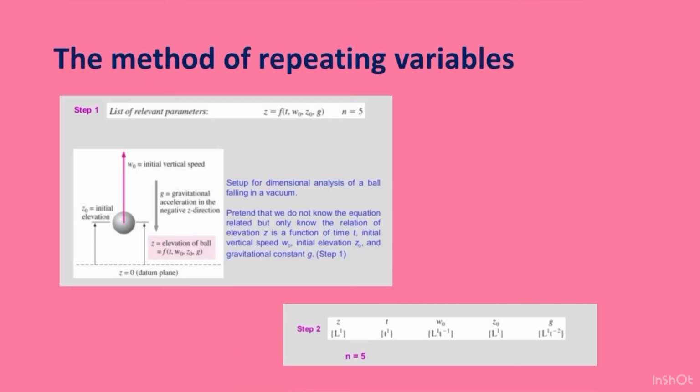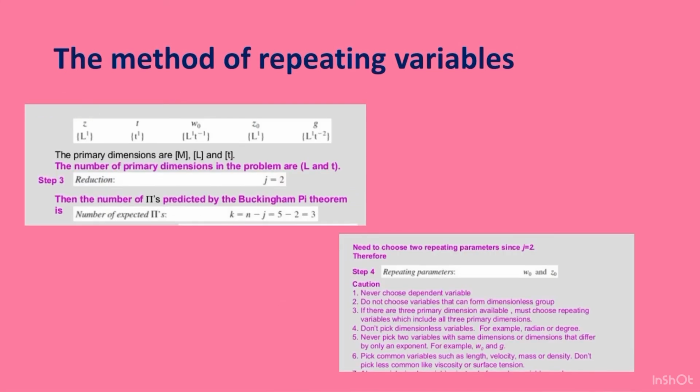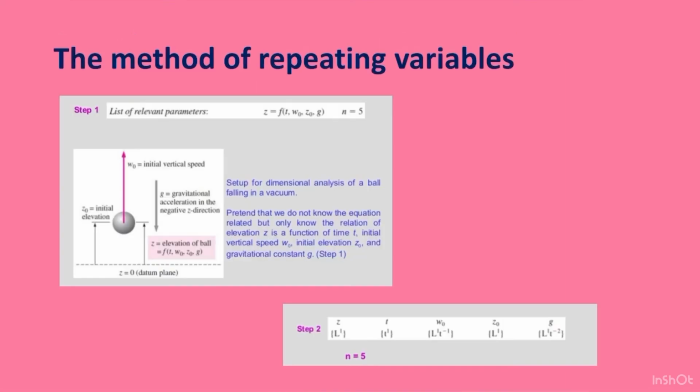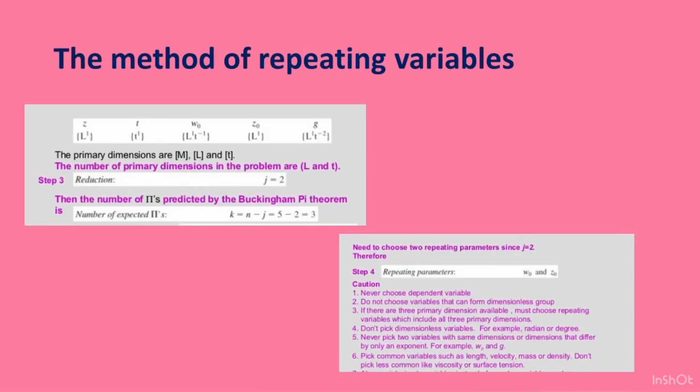Step 1 is to list the relevant parameters. Step 2 is to list the primary dimensions of each of the n parameters. Step 3 is to set the reduction as the number of primary dimensions and calculate k, the expected number of pi. You can see here, this is step 3, where the number of primary dimensions in the problem gives the number of pi predicted by the Buckingham pi theorem.